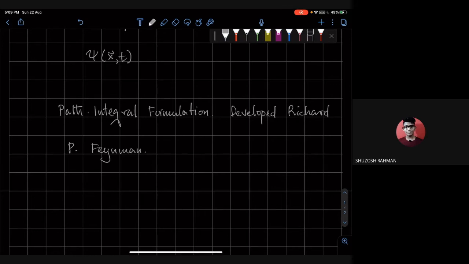And there's a very closely related development in statistical physics, or in theory of random, in statistics, I should say, by Wiener. So they were almost parallelly developed. Wiener worked on stochastic processes.